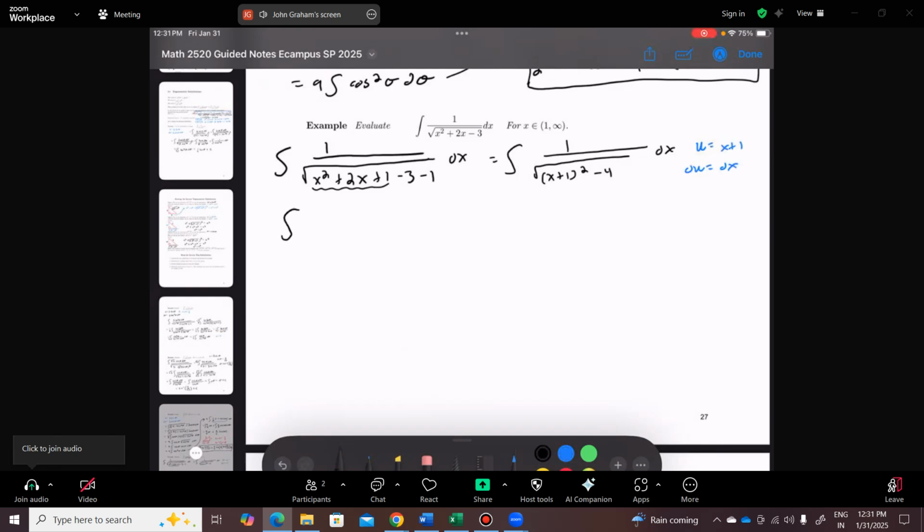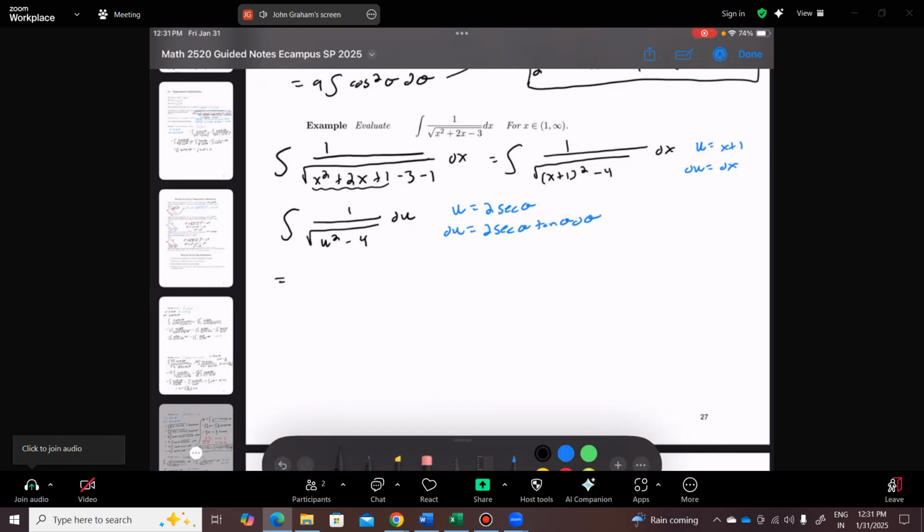So we have du, and then in the bottom we'll have u squared minus 4. That's because we haven't dealt yet with x plus 1 being squared instead of x being squared. We still will use the trig though, the trig value for this, but instead of x equaling it, we're going to let u equal 2 secant theta, du equals 2 secant theta tangent theta d theta.